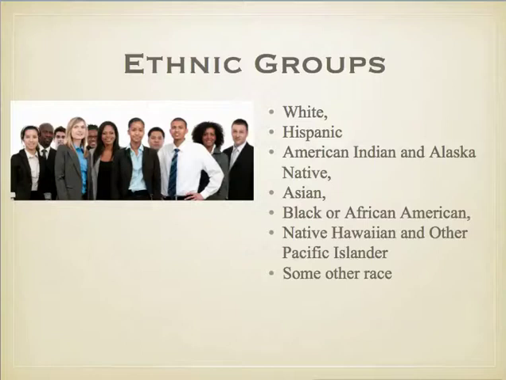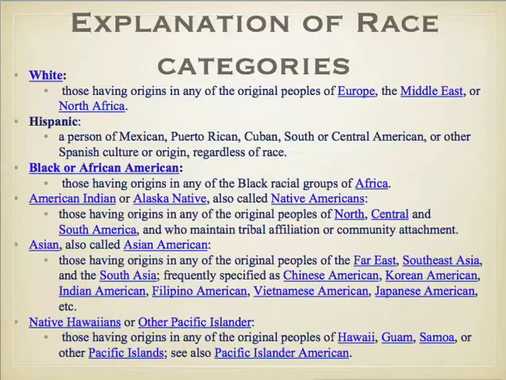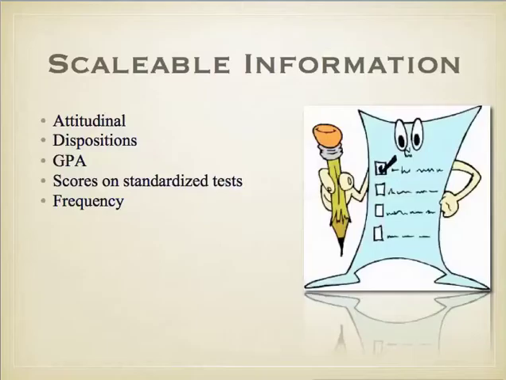Those categories are white, Hispanic, American Indian and Alaskan Native, Asian, Black or African American, Native Hawaiian or other Pacific Islander, or some other race, and sometimes you'll have a category for more than one race, or more than one ethnicity. You can take a look at this for a more detailed description of what those ethnicities are.